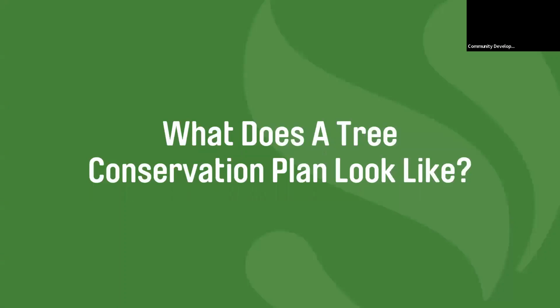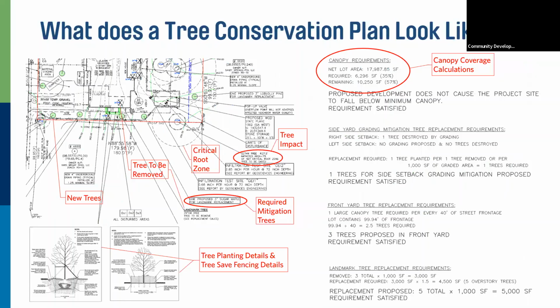So what does a plan look like? If we have our canopy coverage requirements at the top here, you can see they're Xing out the trees to be removed. In green, we have the new proposed trees. The critical root zones are those circles right here.